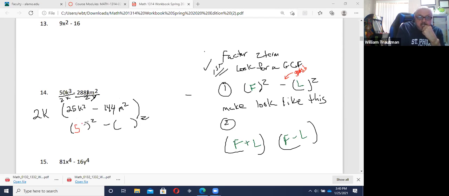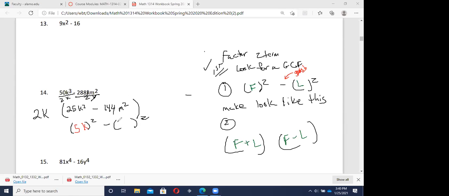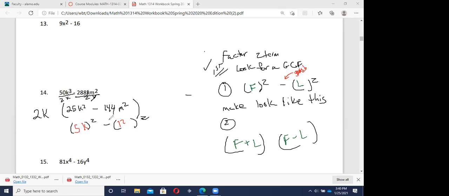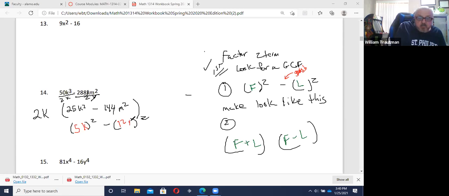K squared is K squared. 144, what goes in the parentheses? Is it 12? 12 times 12 is 144. The square root of 144 is 12. And M squared is M squared.